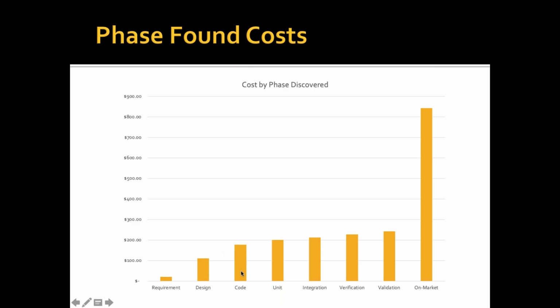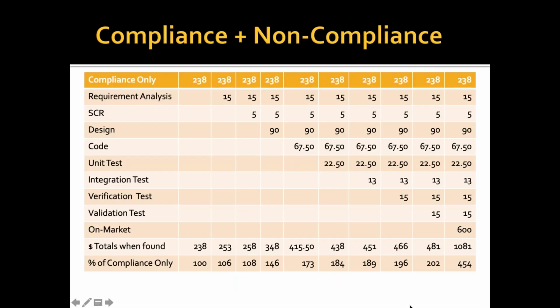Maybe you want to increase your code reviews, but boy, when you get to on market, you're really hurting yourself by doing this. Here's another display of how the costs increase.